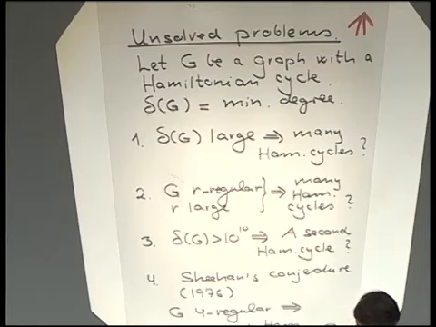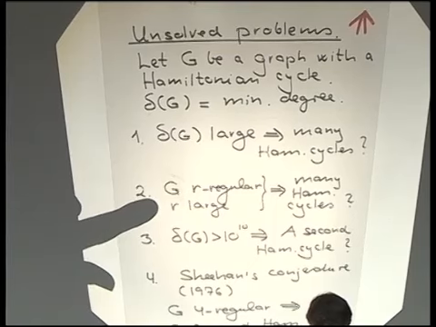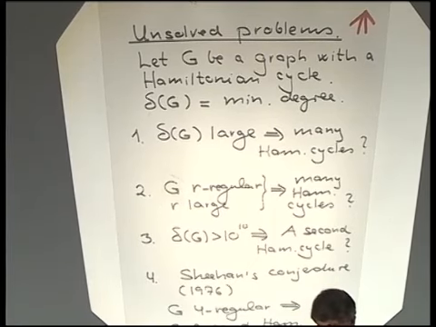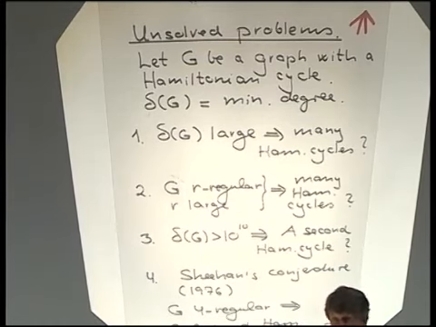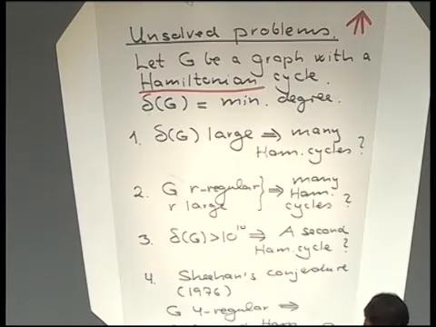We don't know. We can also ask it for regular graphs. If you have a regular graph, this means that all vertices have precisely degree r, and if r is large, does it then have many Hamiltonian cycles? If it just has 1, I mean, these conditions do not guarantee 1 Hamiltonian cycle, but if there is 1, this is what we mean by Hamiltonian. Can we then find others?